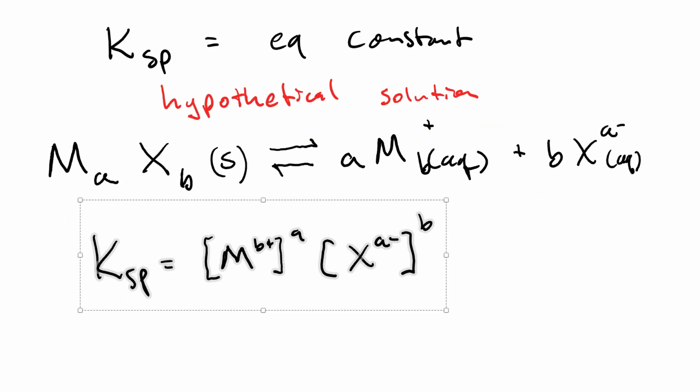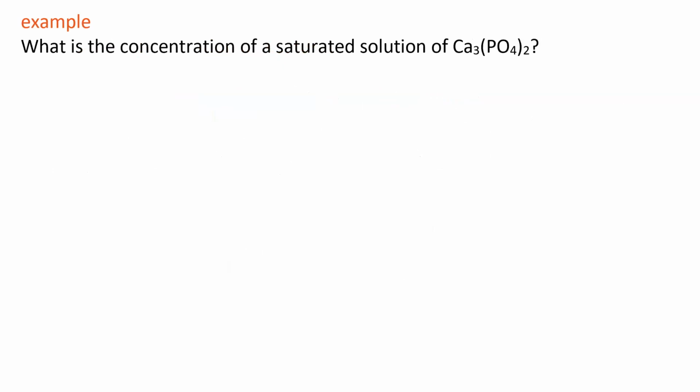Note that we do not include the solid, because we only put things whose concentration changes in an equilibrium expression, and solids and liquids don't change. To actually see how this works, we should do a real example.